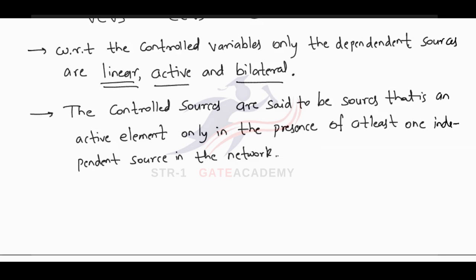Now, why is the presence of an independent source important? Because when an independent source is present, only then will the value of the control variable be non-zero and the value of the control source will be non-zero. So let me write that.